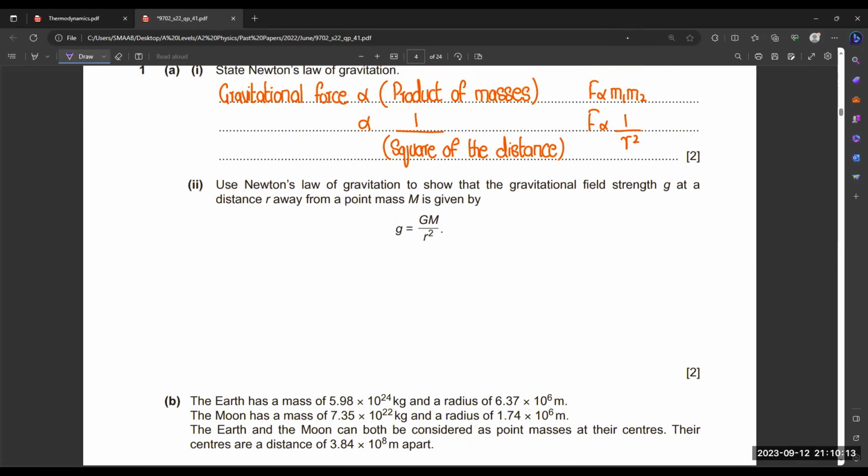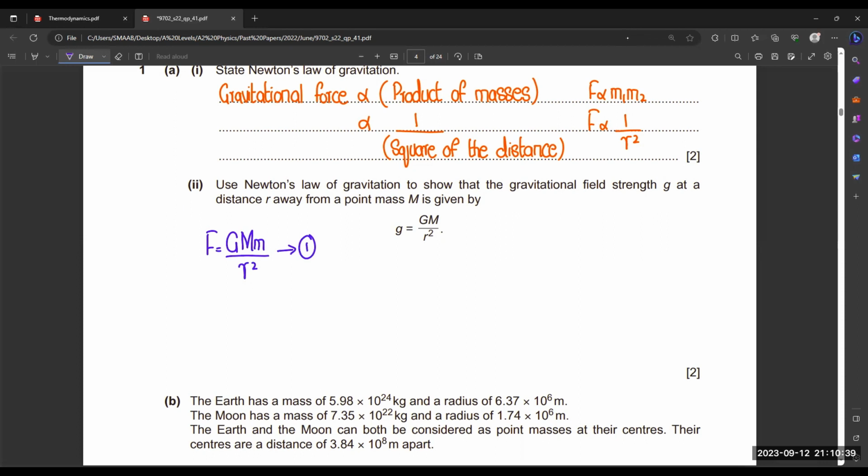So we have to use Newton's law of gravitation to show that the gravitational field strength at distance r away from a point mass is given by this formula. So we have to start from the law of gravitation. So this is the law of gravitation, right?